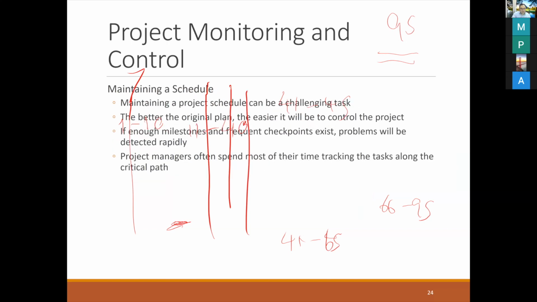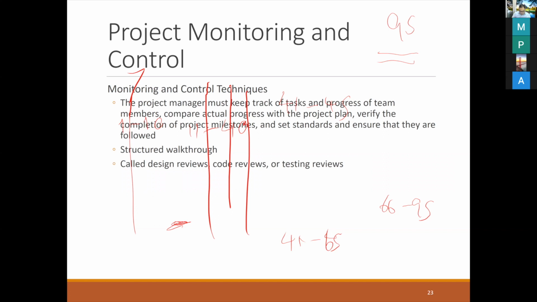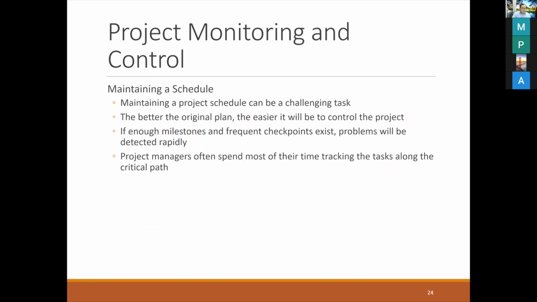Okay, now when we do the monitoring and control, the next one is to maintain a project schedule. Maintaining it can be a challenging task. We say that the better the original plan, the easier it will be to control the project.